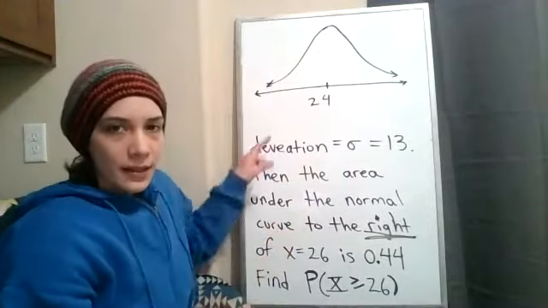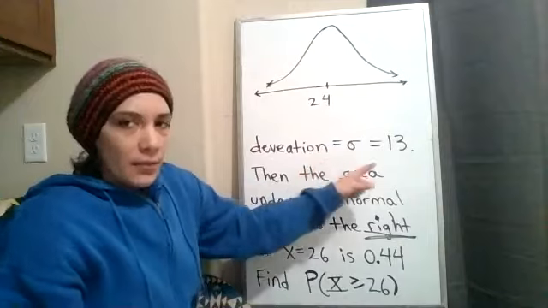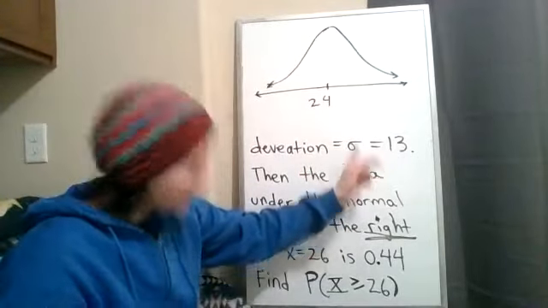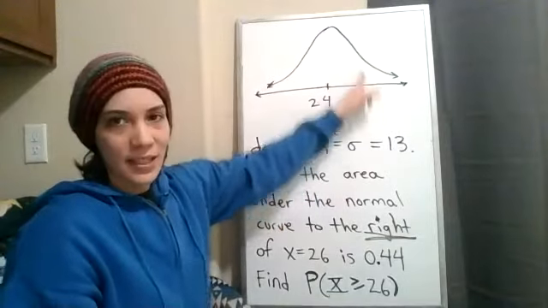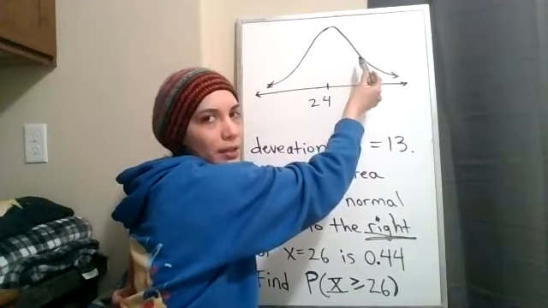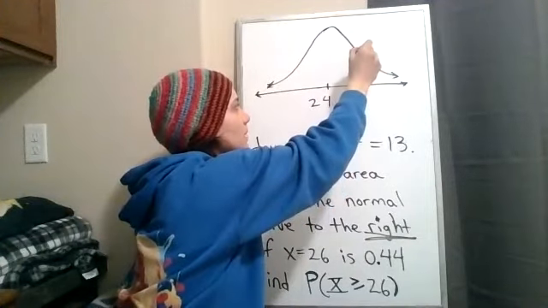We can mark these inflection points. So 24 plus 13 would be right here. We don't really need these parts, but it'll take some time to mark them.